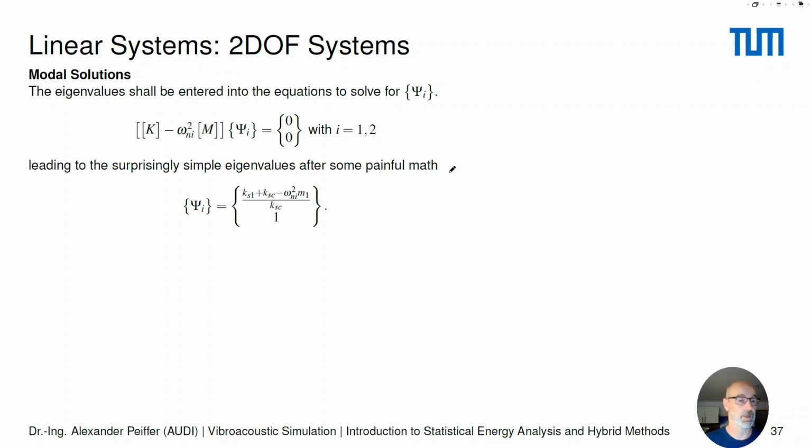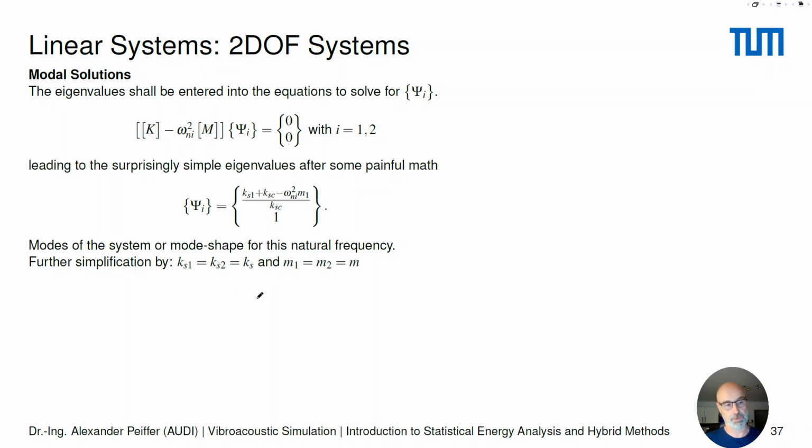If you do so, after some really painful math but leading to a quite simple solution, we get those mode shapes with a frequency, a stiffness term, and one on the second displacement.